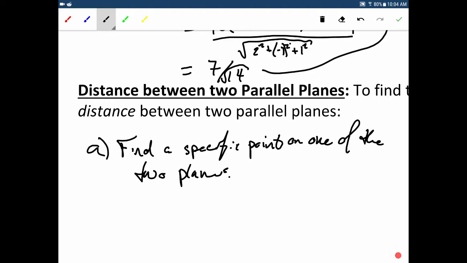Because remember, because they're parallel planes, if you take any point on one of the planes, the distance from it to the other plane is going to be the same as if you took any other point.